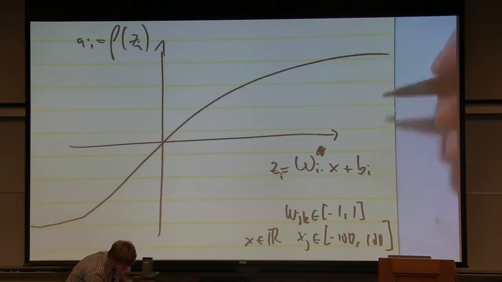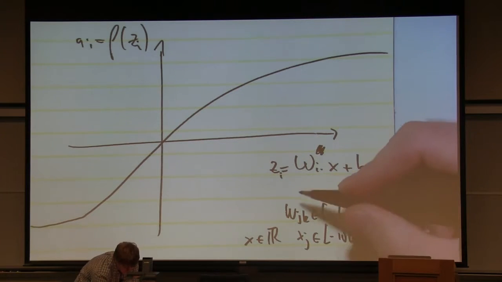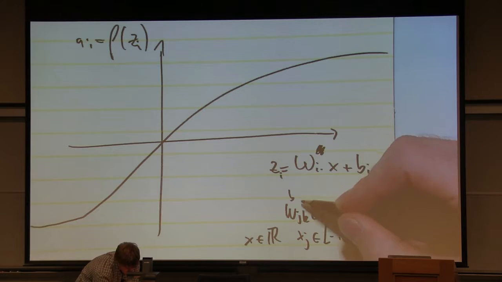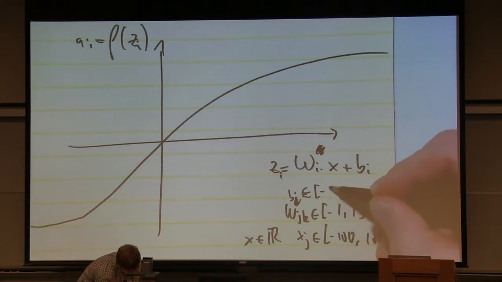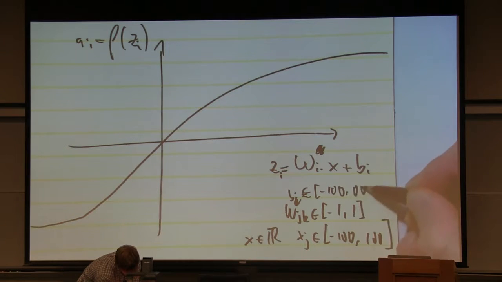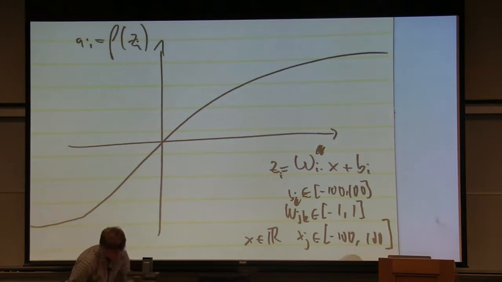And let's say your b_i is also crazy high, somewhere between minus 100 and 100. Something crazy large like that.